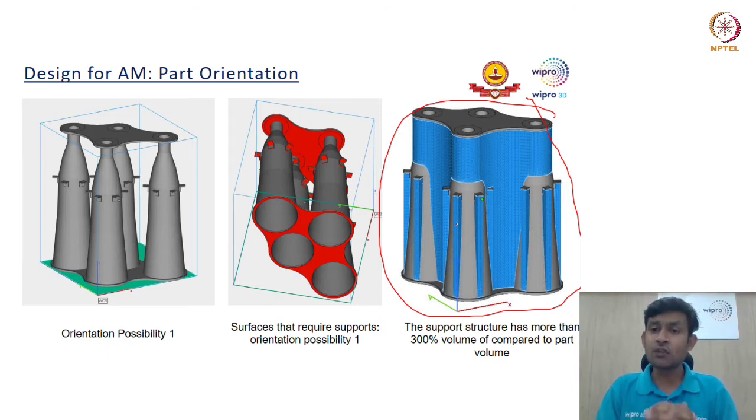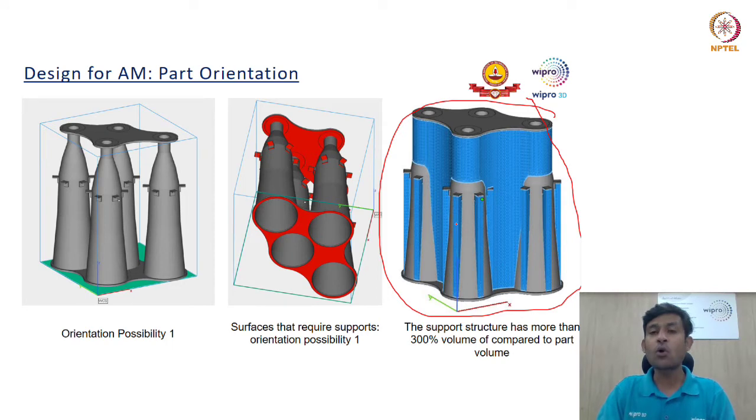Then the major share of the material will be used in making the support structures, and most of the post-processing effort would go into removing the support structures. So the major fraction of the cost added in fabrication of the component is due to the requirement of support structures.